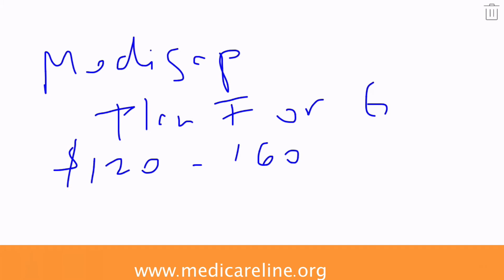This is just an estimate, and this is per month. So this is a fairly fixed cost. The way I say it's a fairly fixed cost is because you will experience increases. If you've had a Medigap policy for 5 years, most likely you've experienced at least a 3 percent, if not more, increase in your premium. So those premiums can go up. However, within a year or two, depending on which insurance carrier you have, you may not experience an increase. So that's why it's still fixed, but it has the potential to increase. I mean, it will increase. So just bear that in mind.